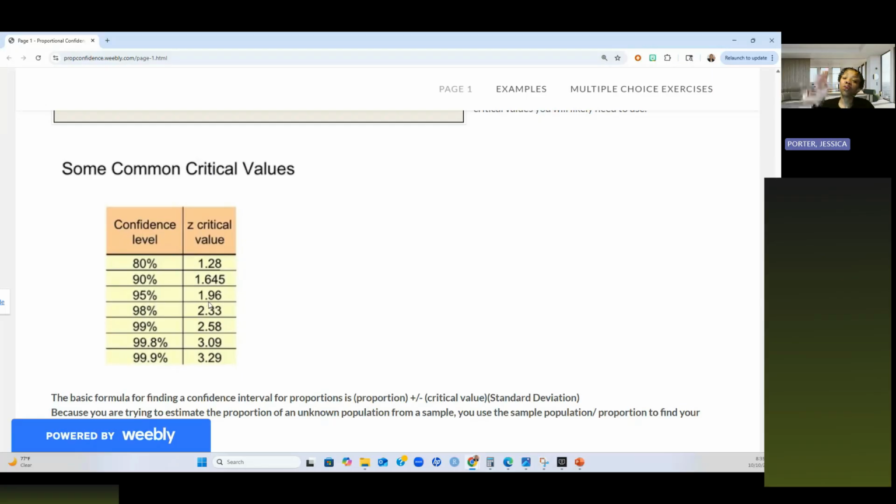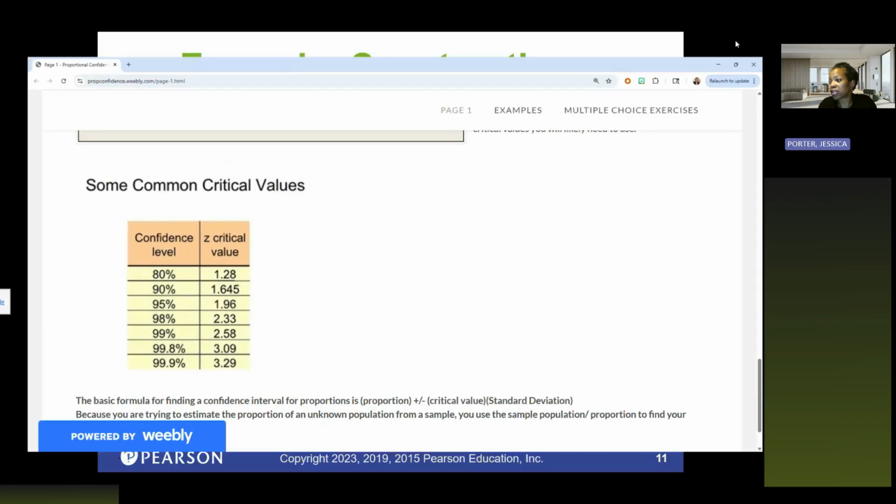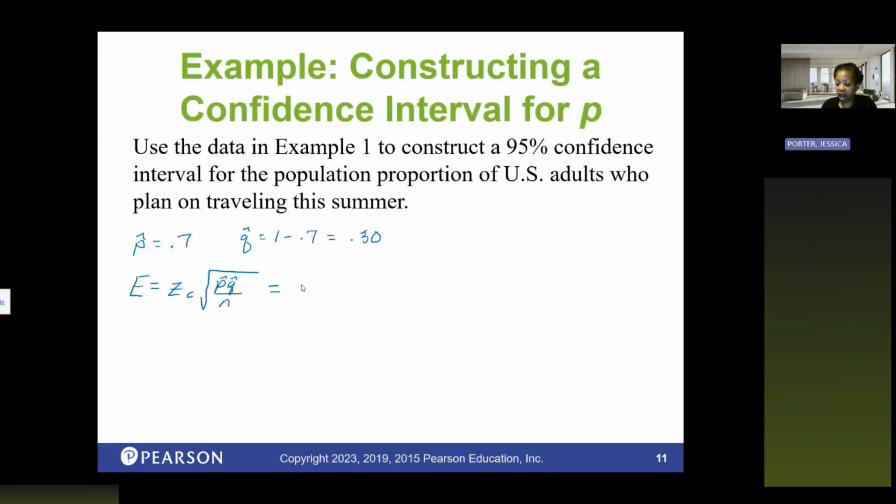The way we found that was we looked up 0.95, a backwards lookup in our table, to find that critical value, and we used the between calculator in StatCrunch. So we have a common value of 1.96 for 95%.